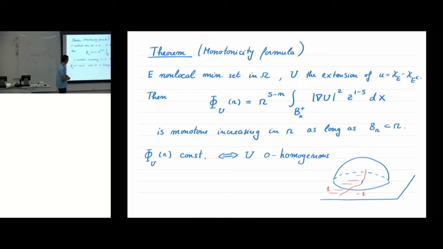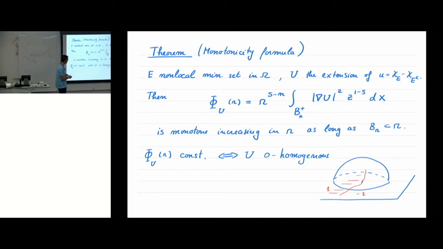And this is the place where you see the extension is very useful, because once I step from the plate a little bit inside, the value of U at that point is influenced by the values of U on the bottom in the whole space.